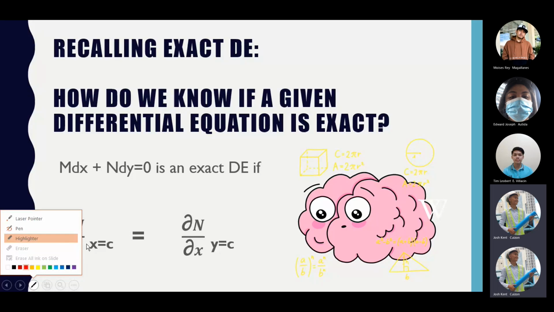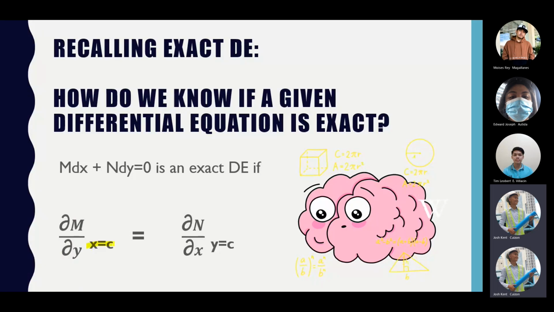Okay. So, unsay pasabot ani nila? Ang pasabot ani kay if mag-differentiate, atong kuha ang partial derivative ni M with respect to y, we treat x as constant. While if atong kuhaon ang partial derivative ni N with respect to x, atong i-treat si y as constant.